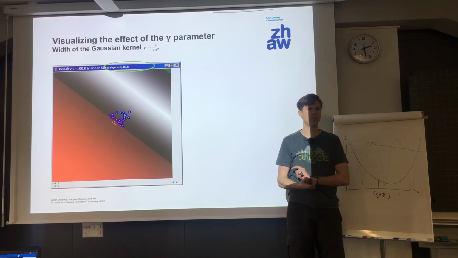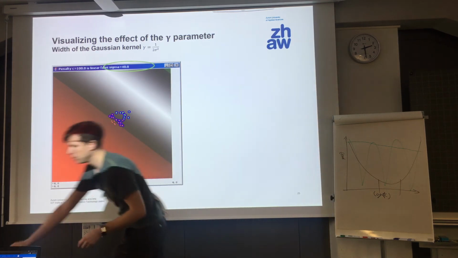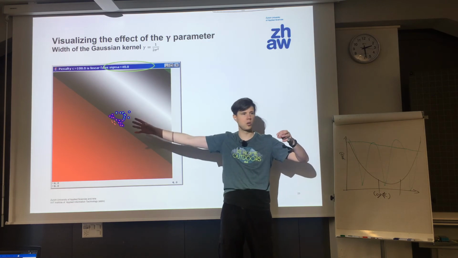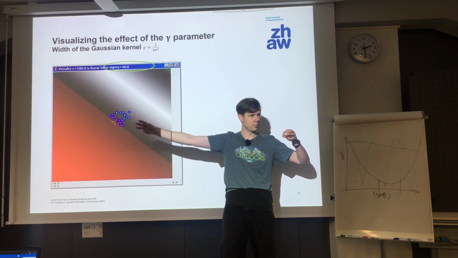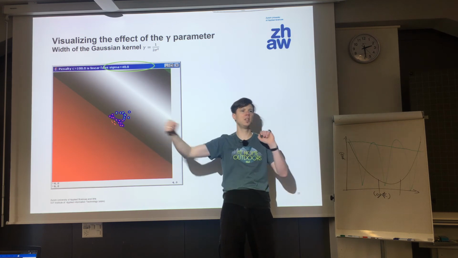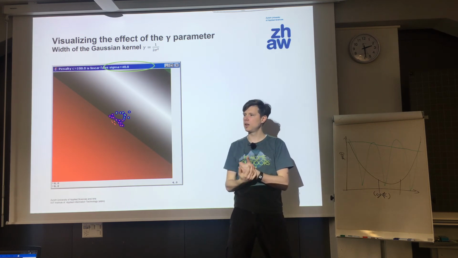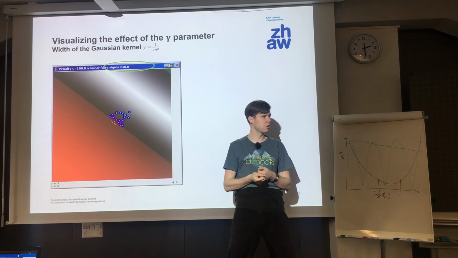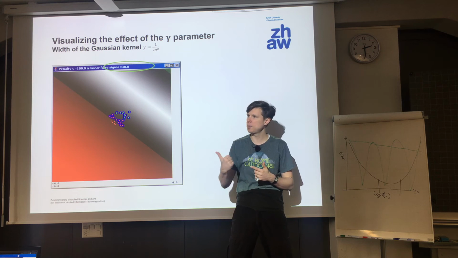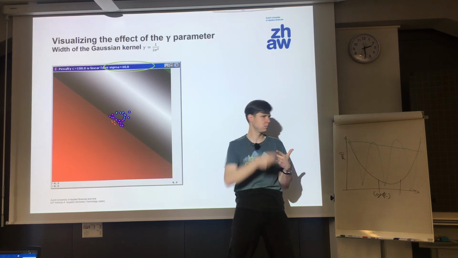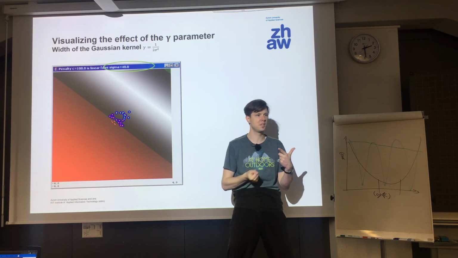What have we seen up to here? We've seen the 3 steps going from the maximum margin classifier all the way to non-linearly separable data with the use of the kernel trick and kernel functions. And we've seen one particular nonlinear kernel that is interesting for general purpose applications: the Gaussian kernel, in which you have another hyperparameter. In addition to the C, you have the gamma, which is inversely proportional to the sigma parameter.